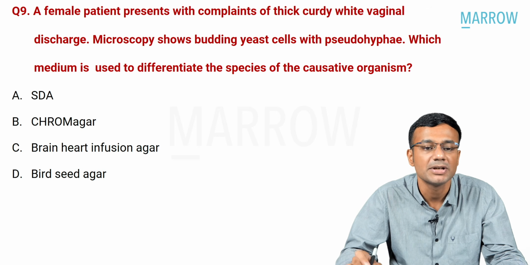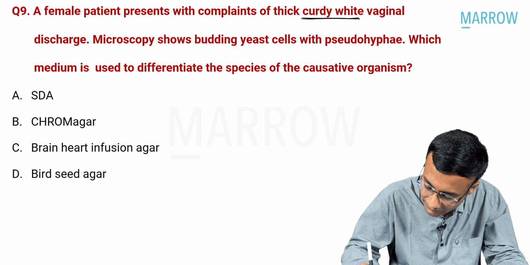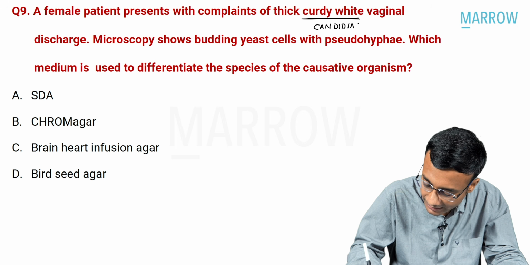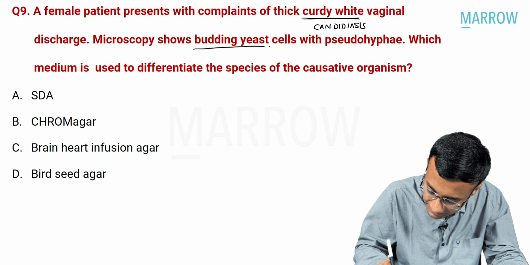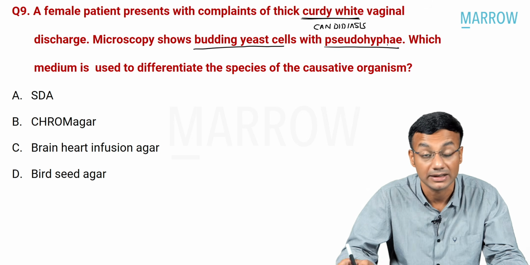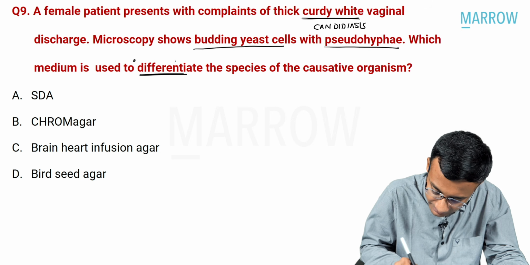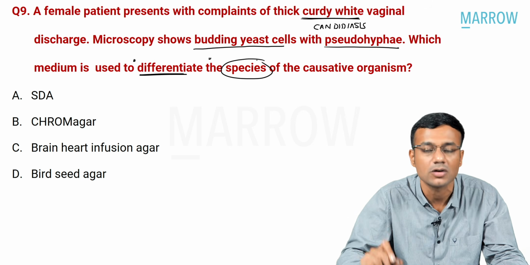Next question, a female patient presents with complaints of thick, curdy white vaginal discharge. So when you say thick, curdy white vaginal discharge, think about candidiasis. On microscopy, budding yeast cells are there with pseudohyphae. That also goes in favor of candidiasis. Which medium is used to differentiate the species of the causative organism?